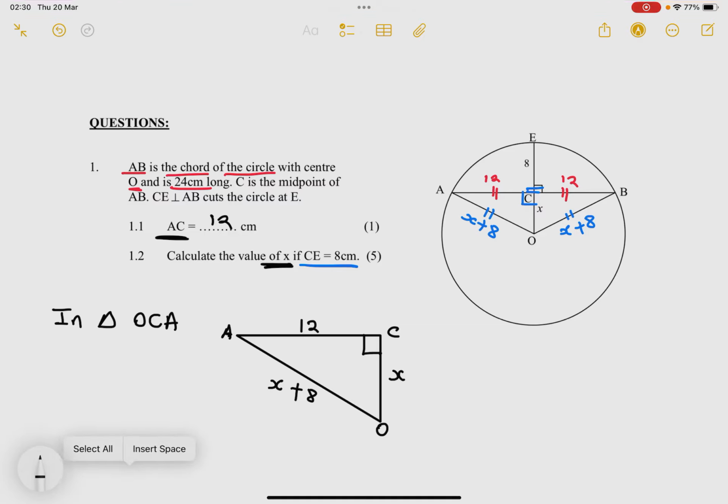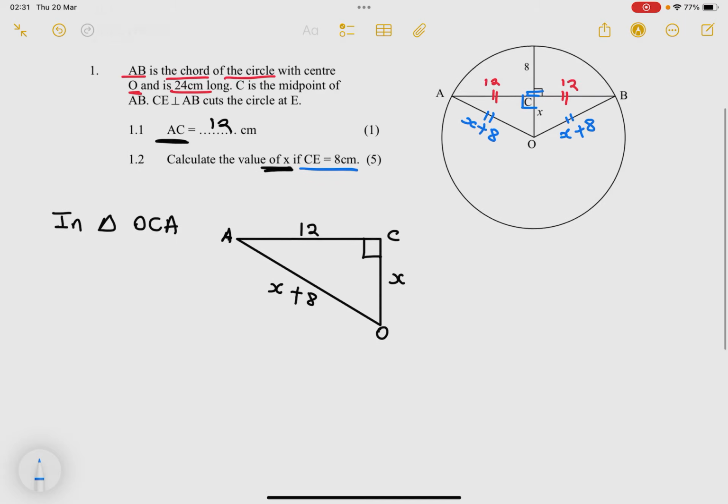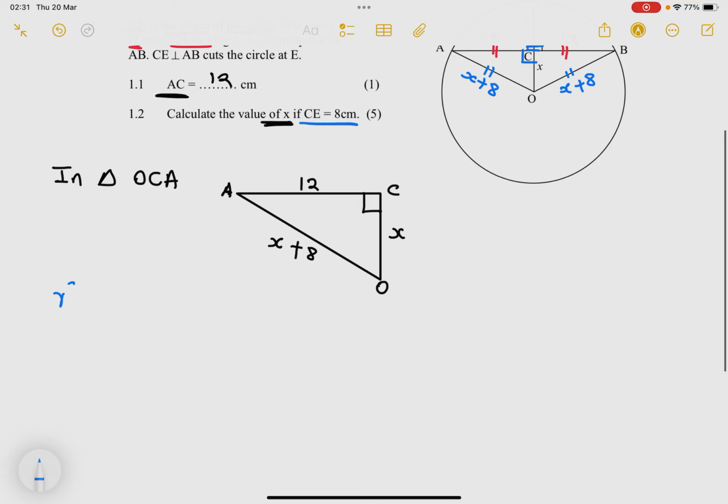So what are we actually trying to do with this? Do you remember the theorem of Pythagoras that you learned in grade 10, even grade 9, I don't know. If you remember the theorem of Pythagoras, it says that r squared equals x squared plus y squared. This is your r, this is your x, and this is your y.